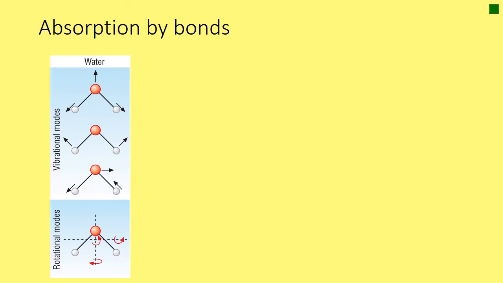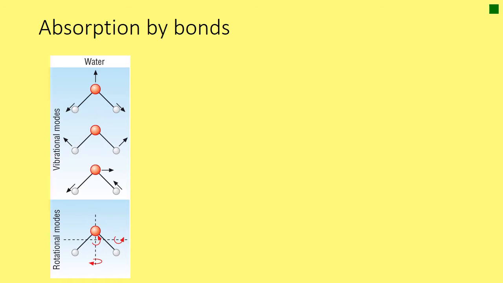Let's start off with absorption by bonds. So what happens in a molecule is that the bonds have energy, and they vibrate and they rotate. And here we've got a water molecule, the red being the oxygen and the white dots being the hydrogens.